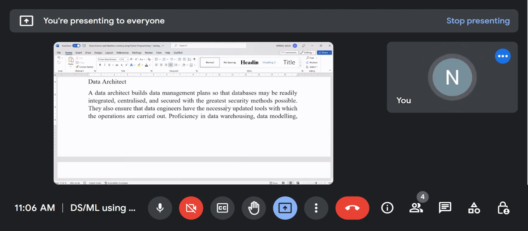For example, we have a subject called database management system, in which we have an architecture: one tier, two tier, or three tier architecture. That means if your data has been stored at some particular location, what are the various other layers above it, and how the end user is going to see the data.